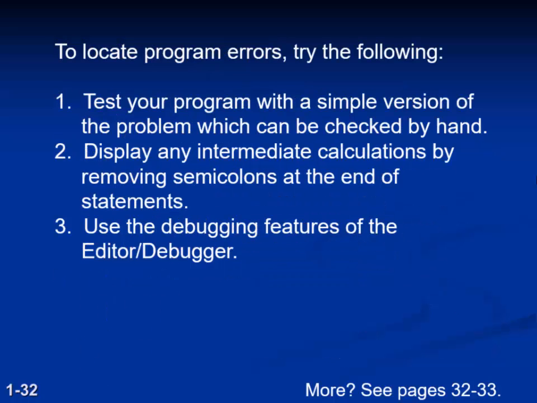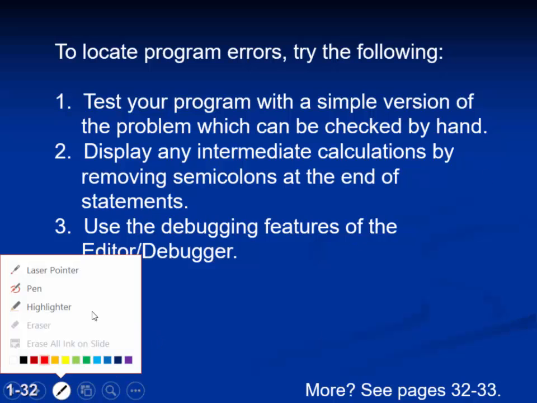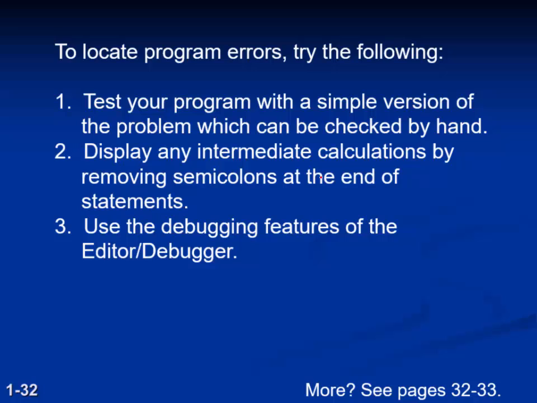So for program errors, test your program with a simple case and check it by hand. This is an important one: if you remove the semicolon at the end of these lines, you can see the intermediate steps.